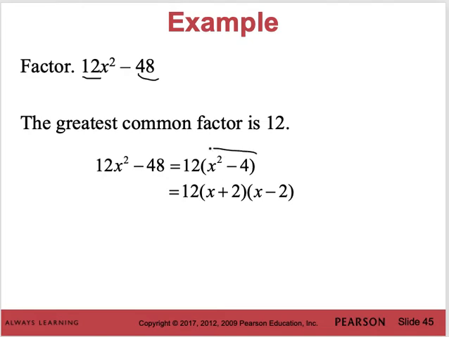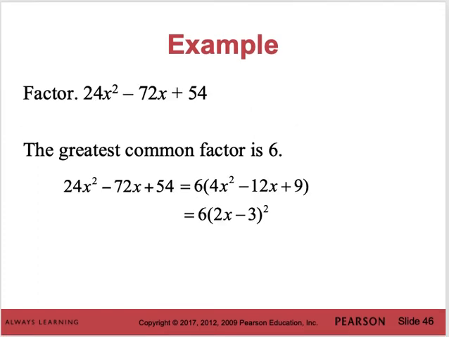This one's easy because we know that x squared minus b squared is a squared minus b squared. 4 is a square because 2 times 2 is 4. And that's the same as a plus b times a minus b. So it's x plus 2 and x minus 2.